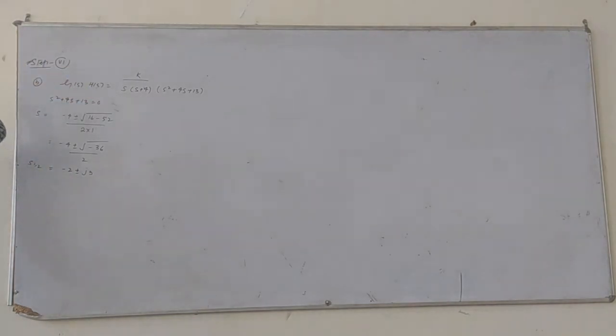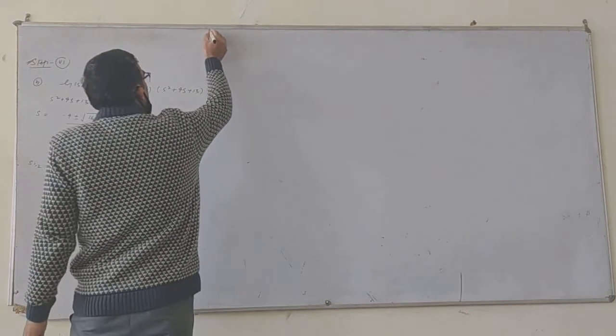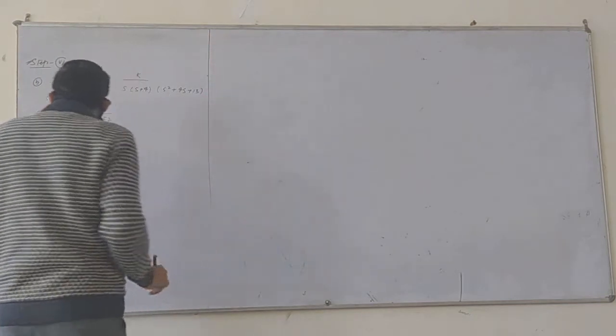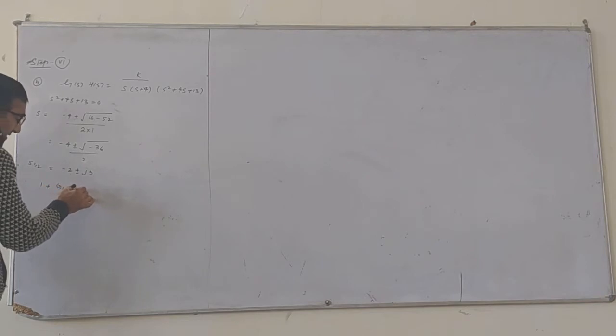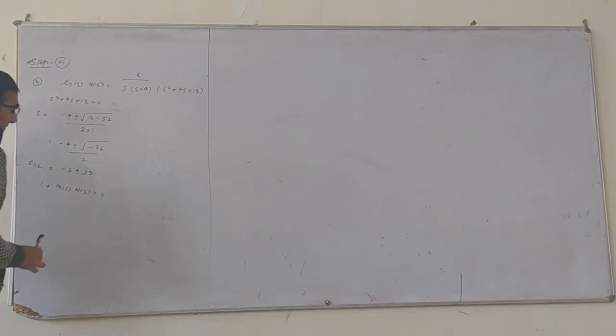This is the given open loop transfer function, and I need to validate, for these roots, what the breakaway and break-in points should be. The procedure will be the same. I have to consider the characteristic equation, which will be 1 plus G(s)H(s) equal to 0.